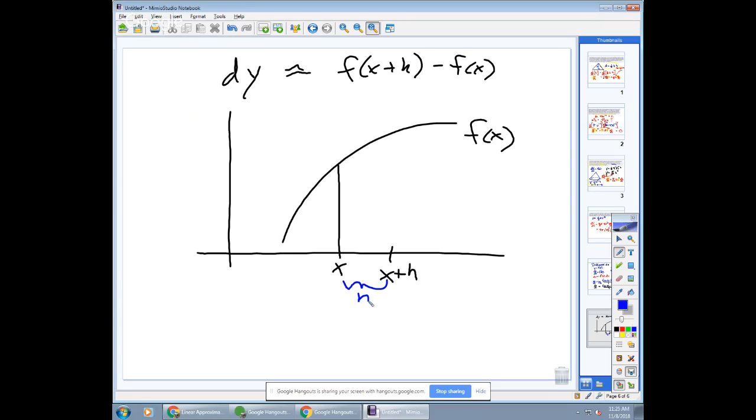Sometimes that's also called delta x. Now, we can calculate f prime of x, and what that's going to give us is the slope of that tangent line there. So m, the slope for that, is f prime at whatever x value we're at. So it's dx approximately at h.